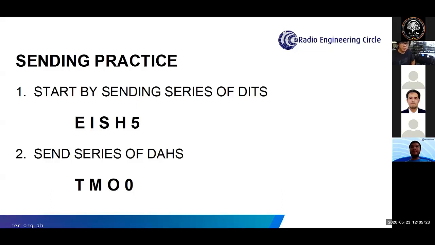So let's move forward to the da. These are the letters that have mostly da, dash. So the letter T is represented by one dash. So da. And M is da da. Please look on your screenshot kasi they're not going to go back. So O is da da da.